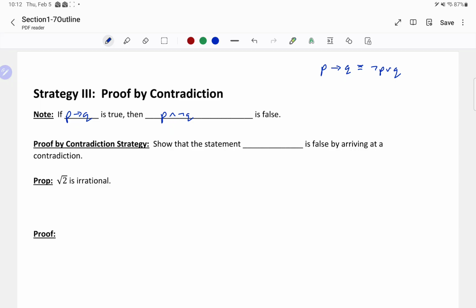Because if P is true, then our premise is true, and the conditional statement, if P then Q, is true, right? Then we know that Q has to also be true, right? But if Q is true, then not Q is false. So P and not Q is false. Does that make sense? Do we kind of see what that would be?